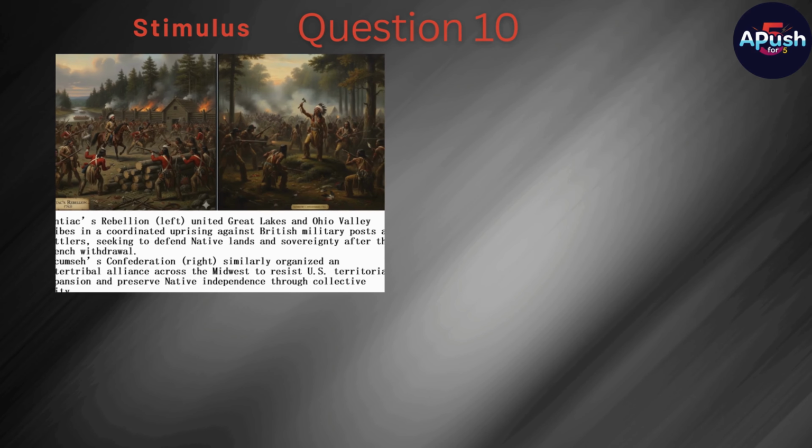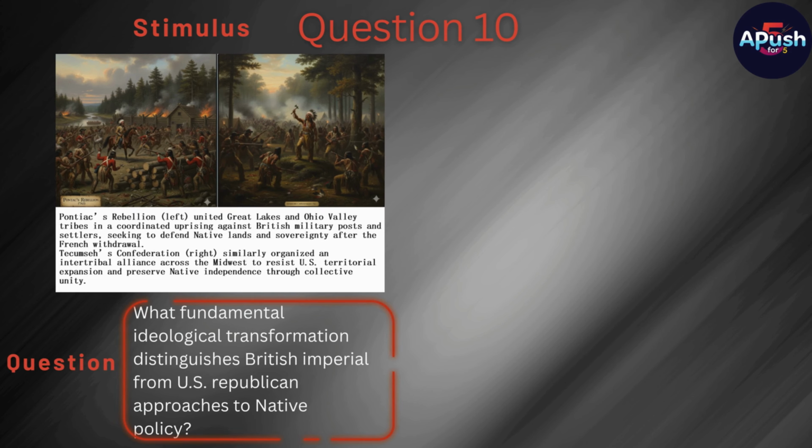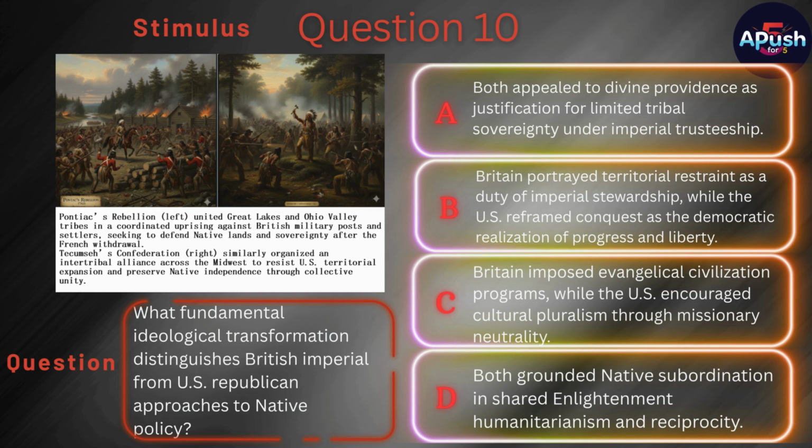Stimulus. See image. Question. What fundamental ideological transformation distinguishes British imperial from U.S. Republican approaches to native policy? A. Both appeal to divine providence as justification for limited tribal sovereignty under imperial trusteeship.